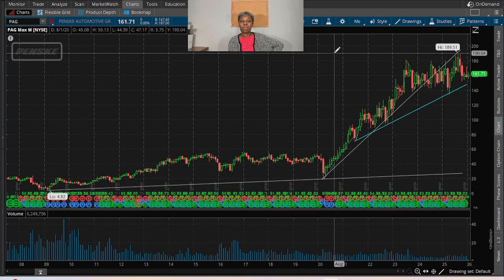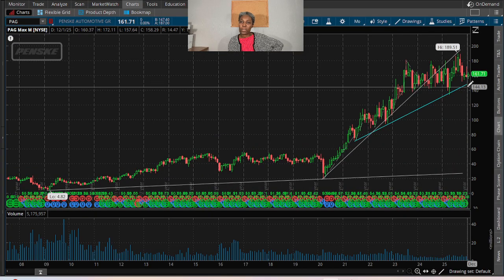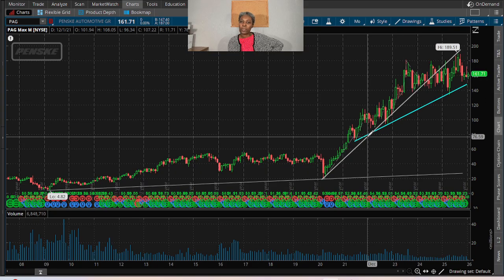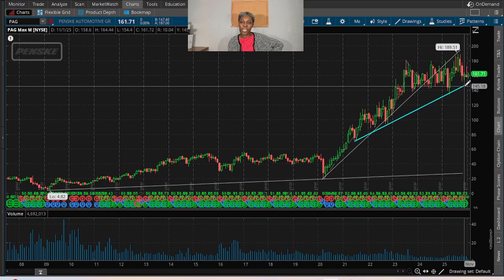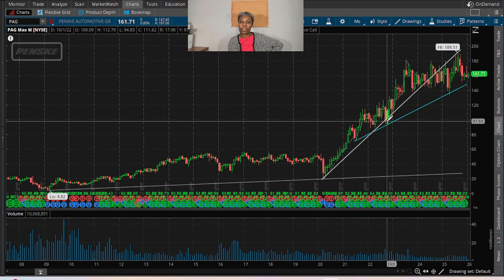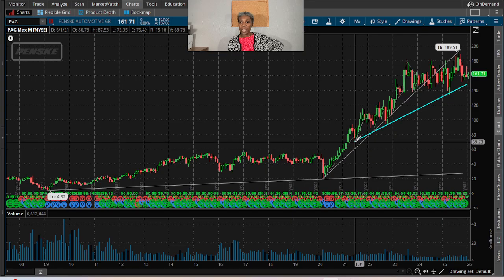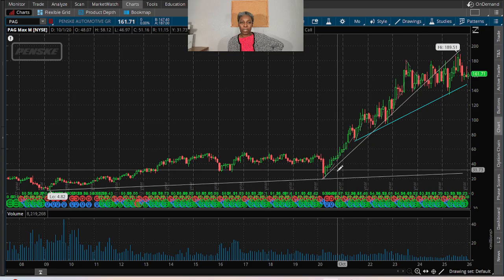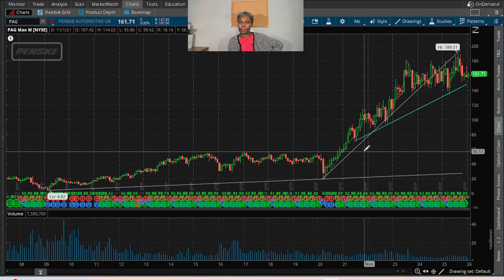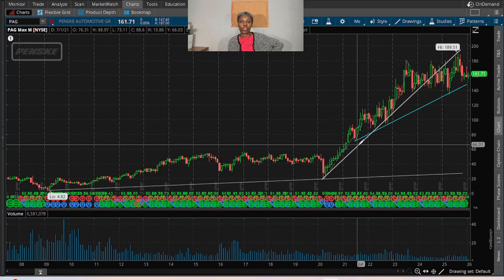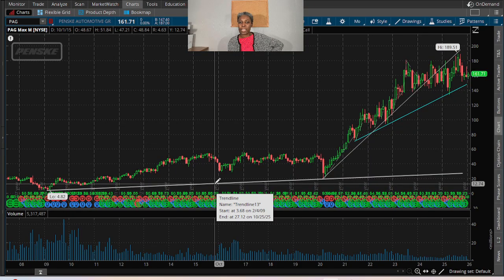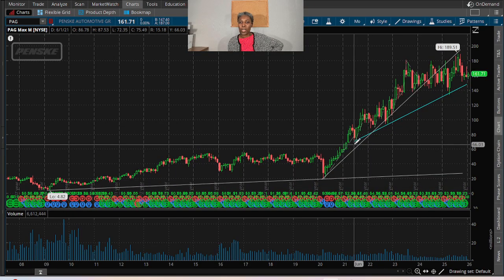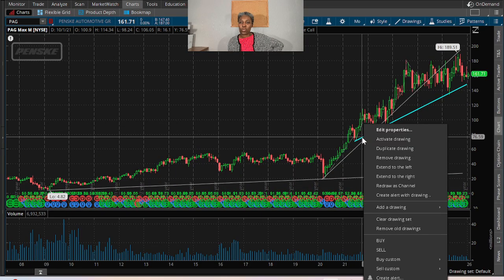If we go to maximum monthly chart, we can see the line more. And the reason why I'm not a big fan of it is the way this line is drawn. I don't really like the source of it. If it came from somewhere here, it would make a lot more sense to me.